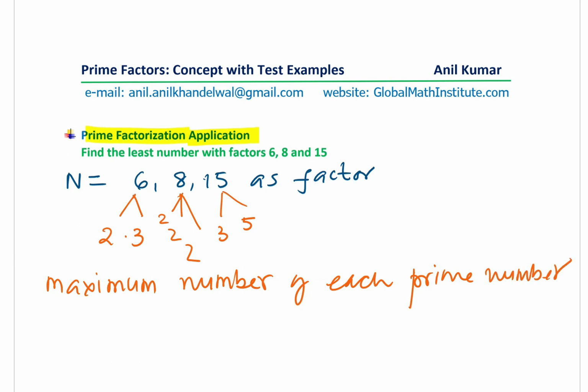As far as 2's are concerned, the maximum number of 2's is in 8, so we will take these three 2's, which is 2 times 2 times 2. Now let's look for 3's. 3 appears only once in each, so one of them has to be taken. And then we're left with 5, which is only one. So that combination should give us the number n.